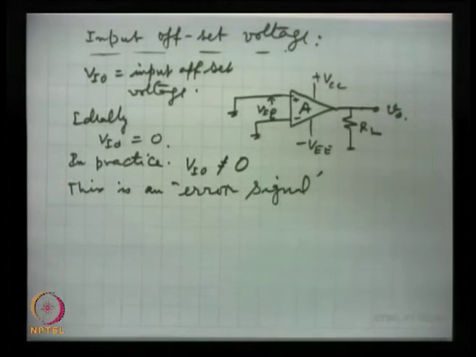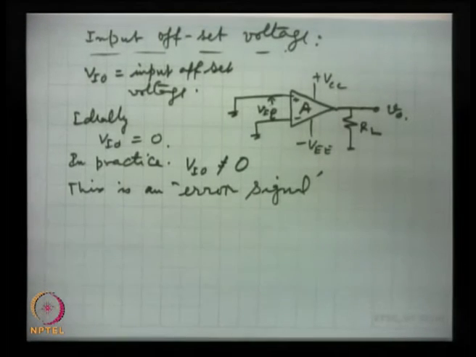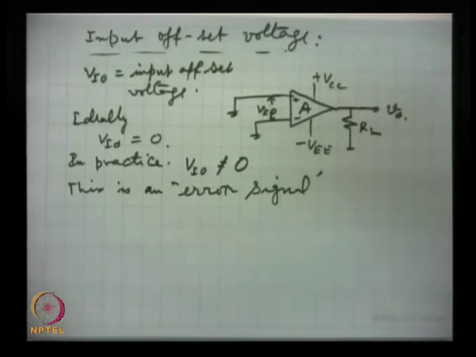And this is done with the help of the offset null pins, which were available with the operational amplifier.